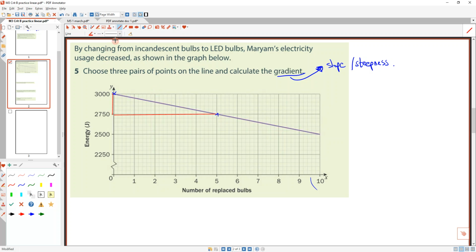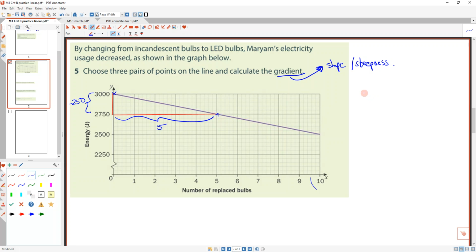Okay, and in order to work out the slope or the gradient, we need this distance. Now, what is this distance? 250. Now, we're moving in a downward direction, so it's actually negative 250, okay? And what is this distance? 5. Yeah, 5, because we're going from 0 up to 5.